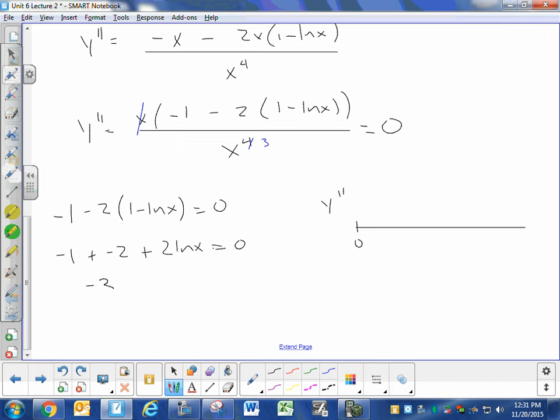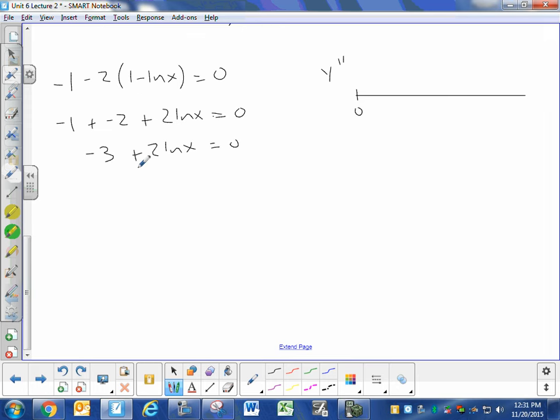I'll then add the negative 1 and the negative 2. And I'll solve for x. I would add 3, divide by 2, log x will be equal to positive 3 over 2. I would then take e to the power of both sides to get rid of the log, and I'd have x is equal to e to the 3 halves. So here, we'd have e to the 3 halves.